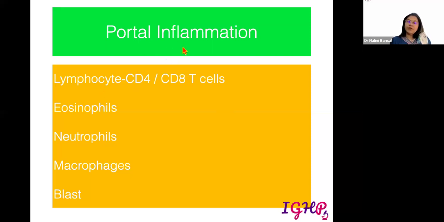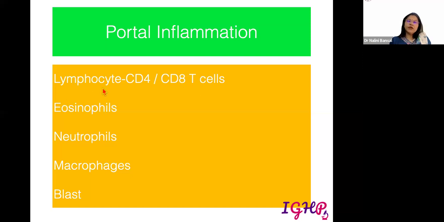Now this inflammation, if it is increased, we are going to look at the component of the inflammatory infiltrate, that is, what kind of cells are present within the portal inflammation. So whether these are lymphocytes, and as we said, these are basically T cell mediated lymphocytes, so these are CD4 and CD8 positive T cells.